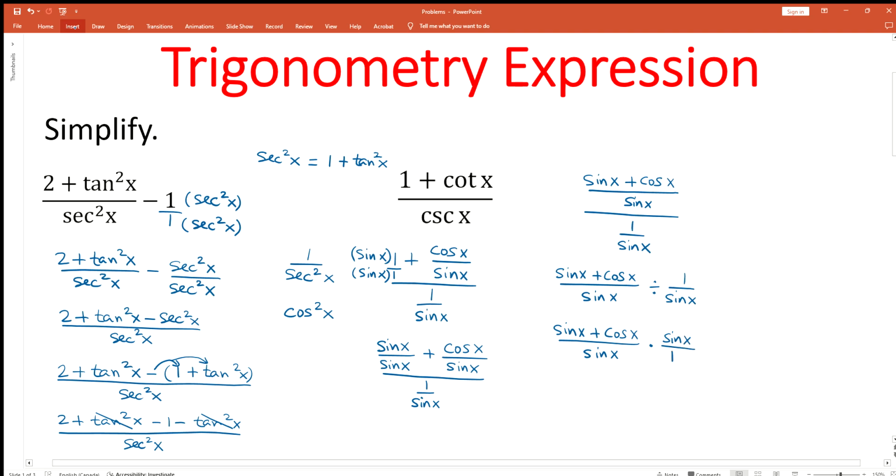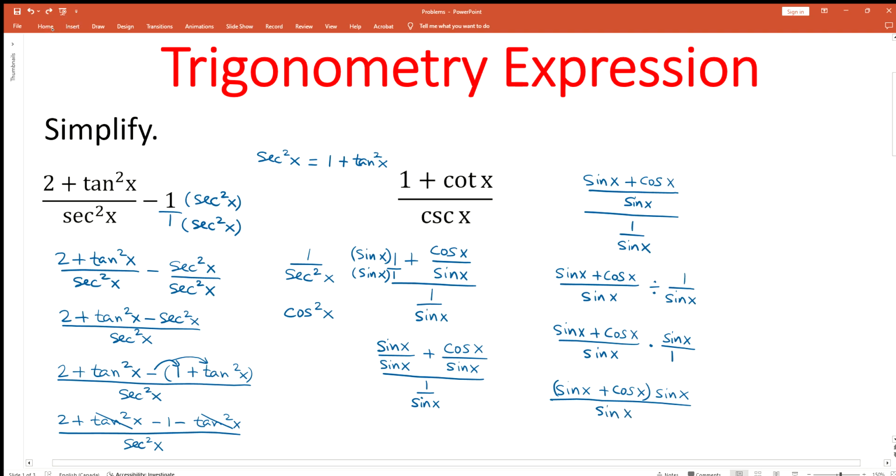Now we can multiply the fractions. We should multiply the top terms and the bottom terms. In the denominator, sine x times 1 is just sine x.